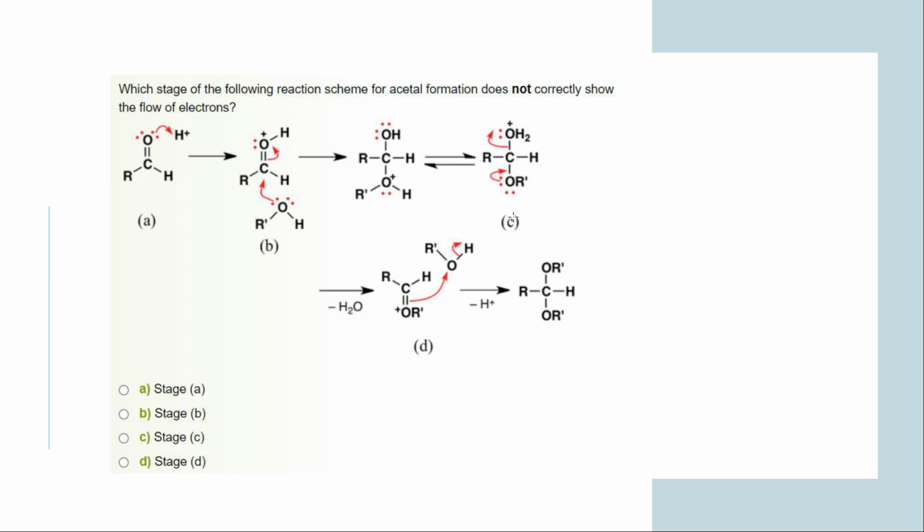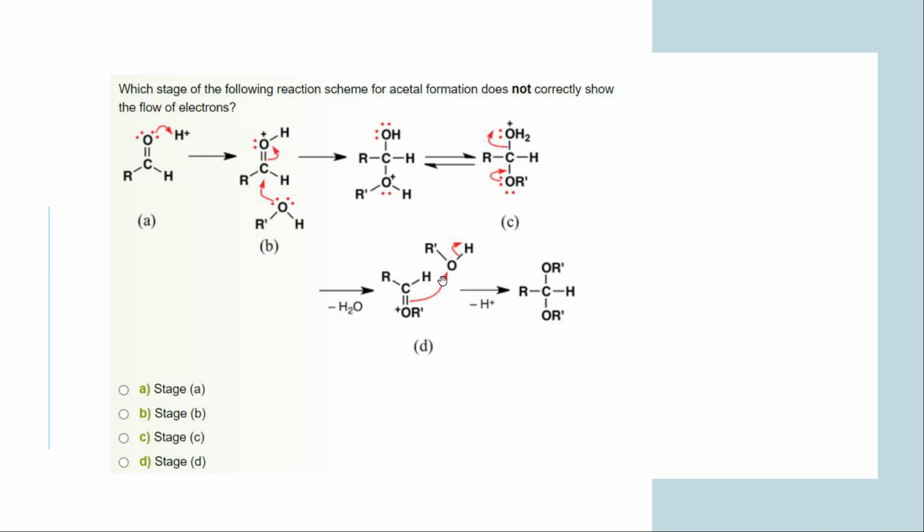In the correct way, if you want to show it, it should happen like this, the way it happened in stage B. In stage D also, this oxygen atom should have attacked at this carbonyl carbon, leading to the neutralization of this positive charge, which gave you the product acetal.